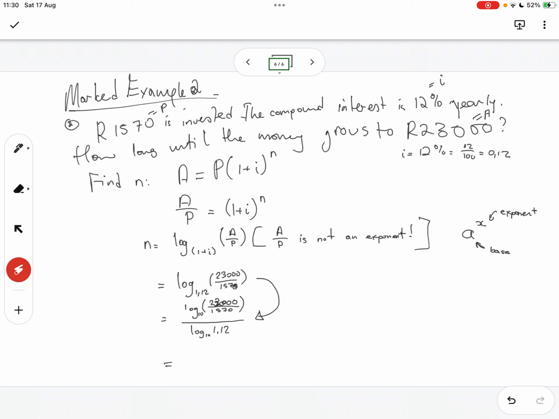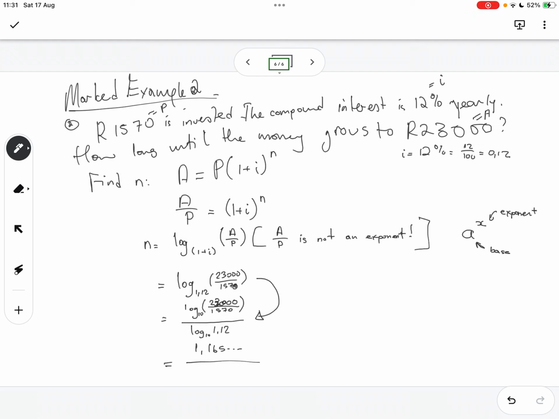Okay, so now we're going to work this out on the calculator. 23,000 divided by 1,570 equals, and then we take the log, so it's 1.165 something.